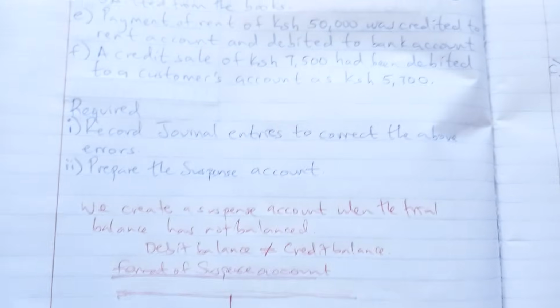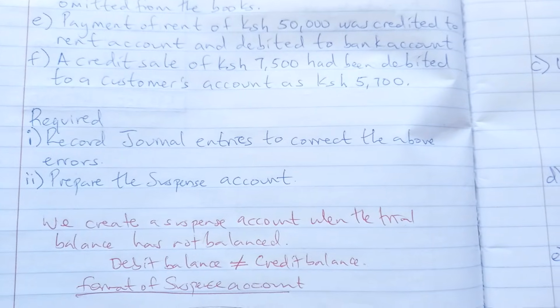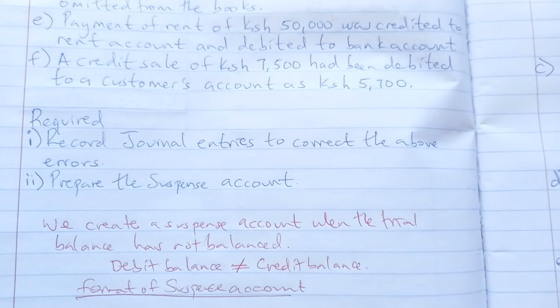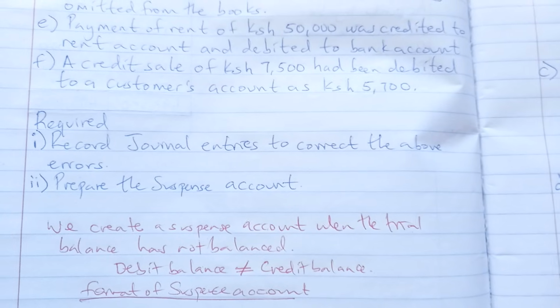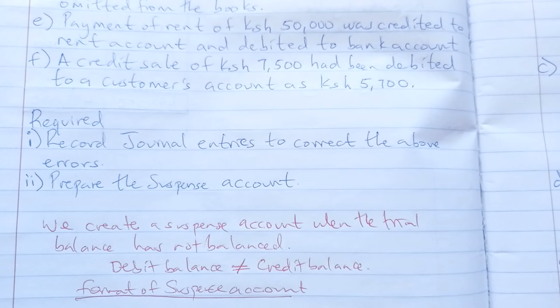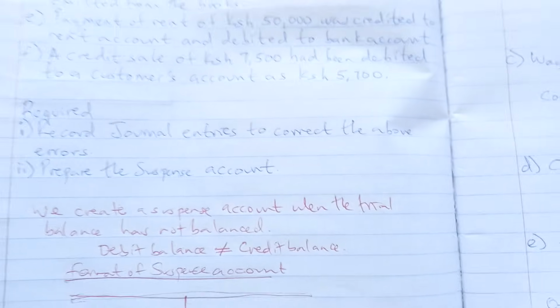So let us move to our last investigation. A credit sale of 7,500 has been debited to a customer's account as 5,700. Let me move to another page.